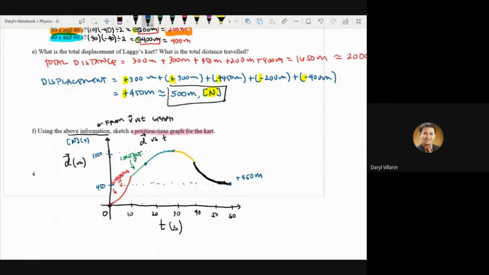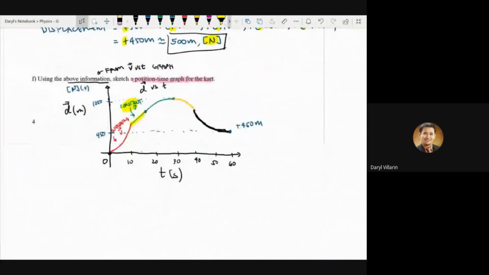Again, in my position-time graph, if I have a straight line graph, it pertains to constant velocity. However, if it is accelerating, that means you have a change in velocity. All of them are not a straight line.